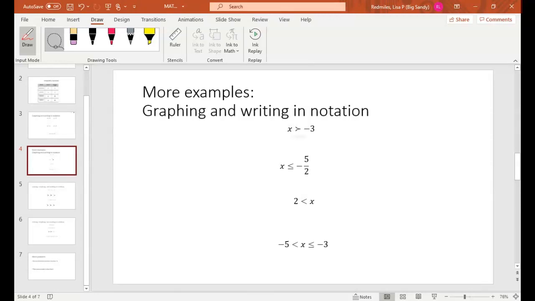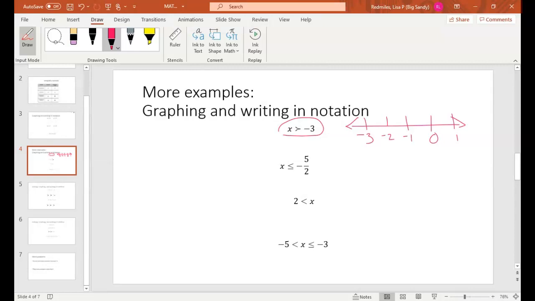So this says x is greater than -3. I'm not sure why my typewriter wanted to change that to a really fancy looking greater than symbol, but I want to remind you that -3, -2, this is how you set up a negative number line. Sometimes people want to put them in the other order, -1, -2, -3, instead of -3, -2, -1.